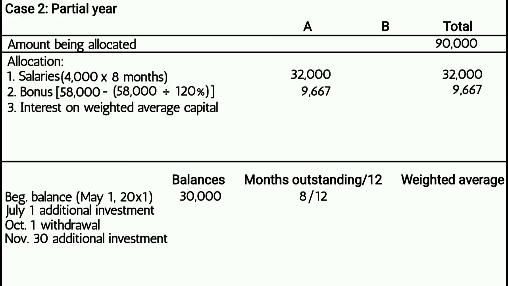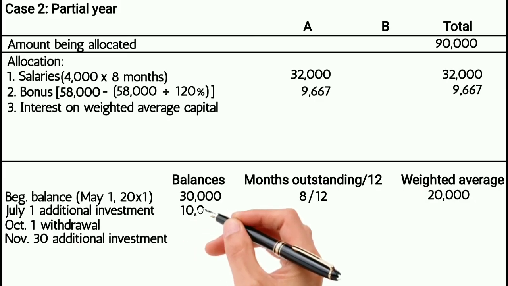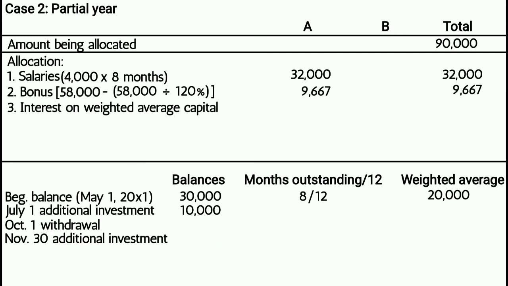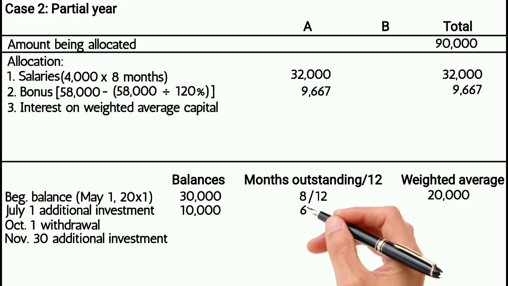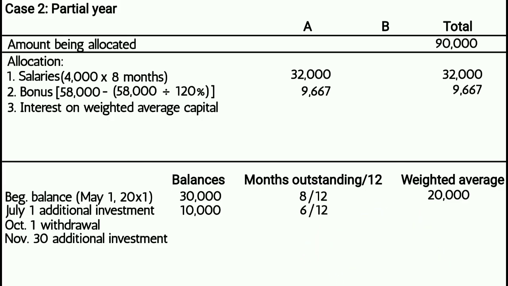30,000 pesos times 8 over 12, ilan yan? 20,000 pesos. Next, July 1 additional investment is 10,000 pesos. Imumultiply natin yung 10,000 pesos sa 6 over 12. 10,000 pesos times 6 over 12, that is equal to 5,000 pesos.